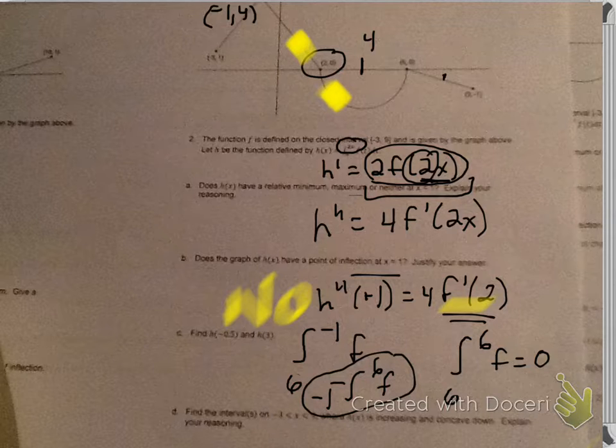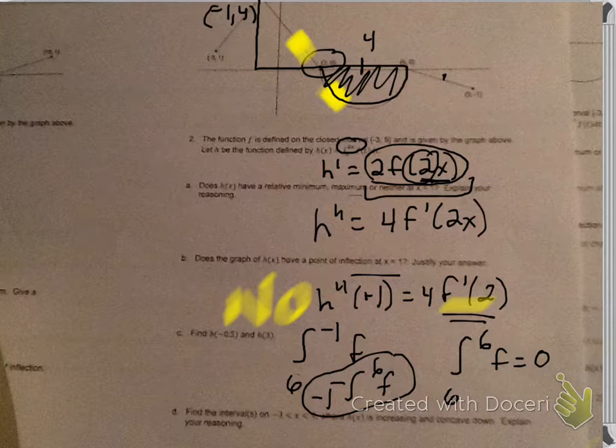So from negative 1 to 6, we're looking at the area of this whole thing. And that's going to be our h value. So we have a triangle that is 3 by 4, so it's 12. Half of that's 6. It's above the x-axis.